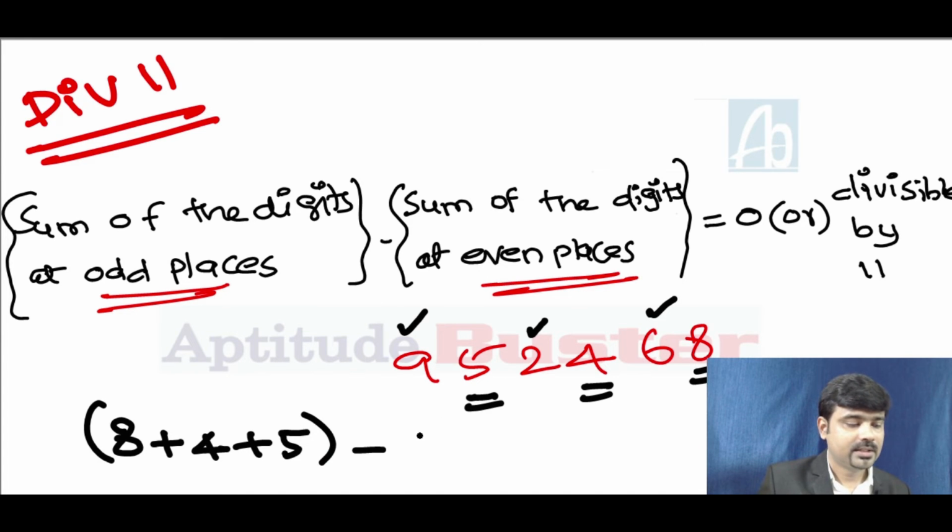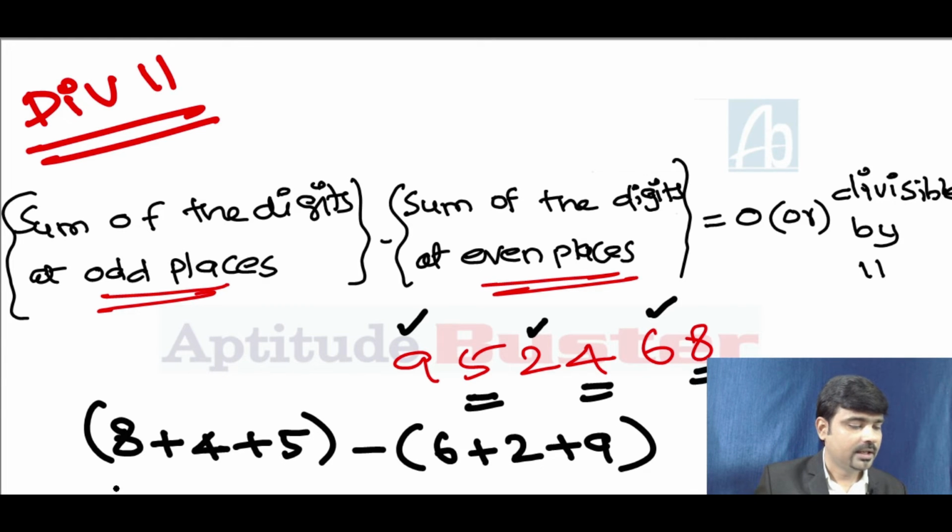Even places 6 plus 2 plus 9 is 17. If you subtract, the value is 0. So it is divisible by 11.